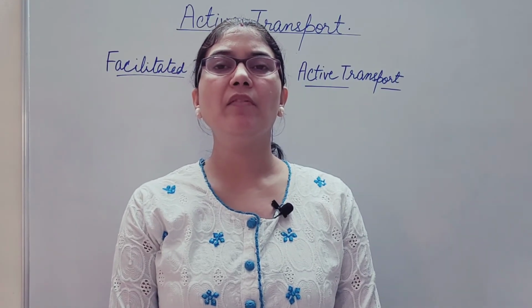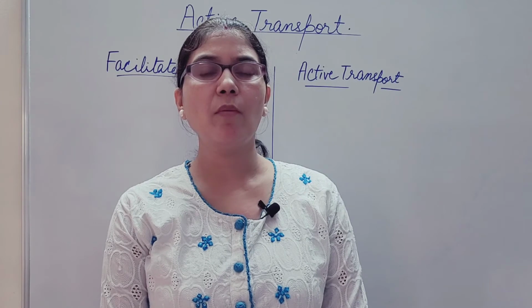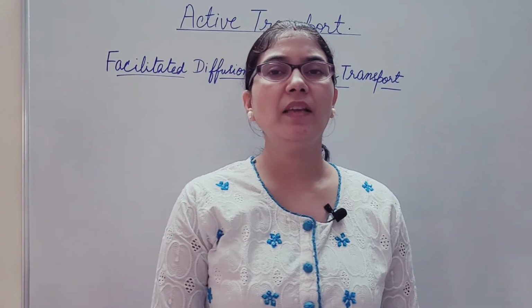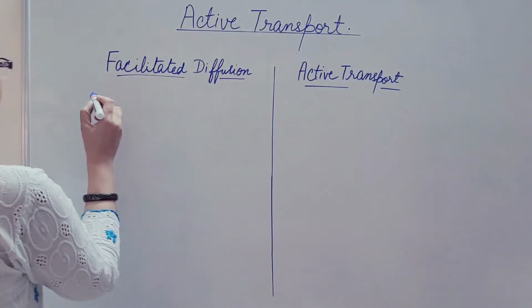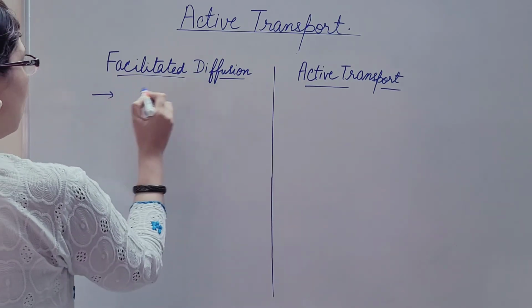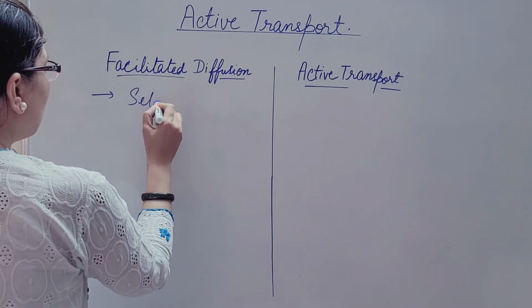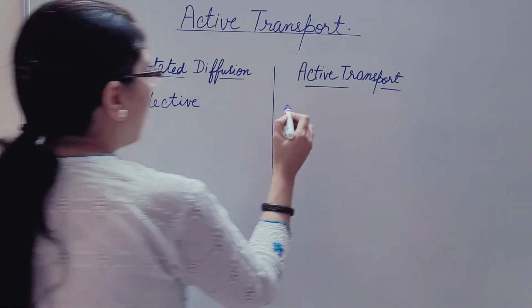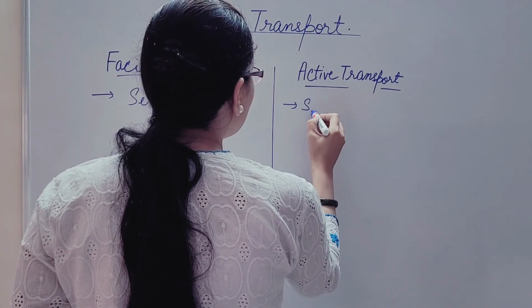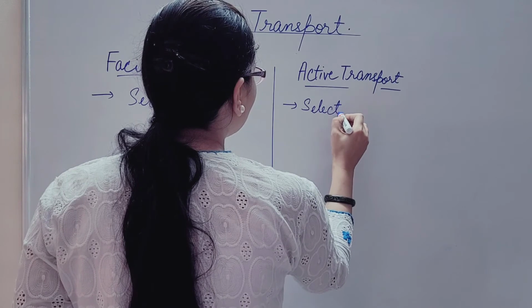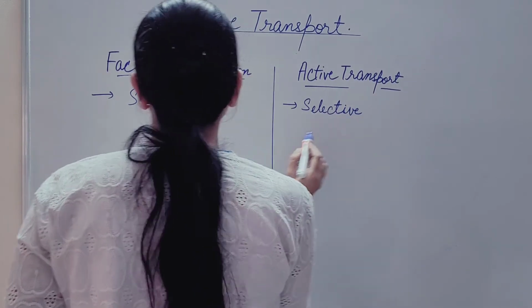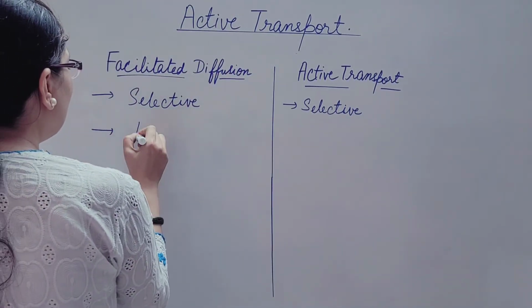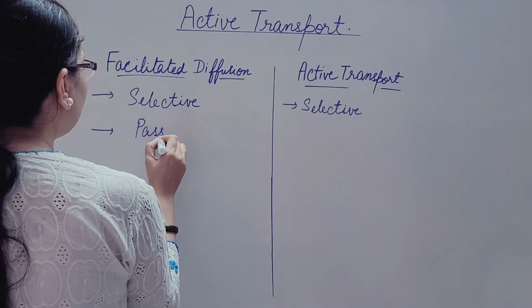Carrier protein mediated facilitated diffusion is different from active transport. Let us see their comparison. Facilitated diffusion is selective. Active transport is also selective. Facilitated diffusion is passive.